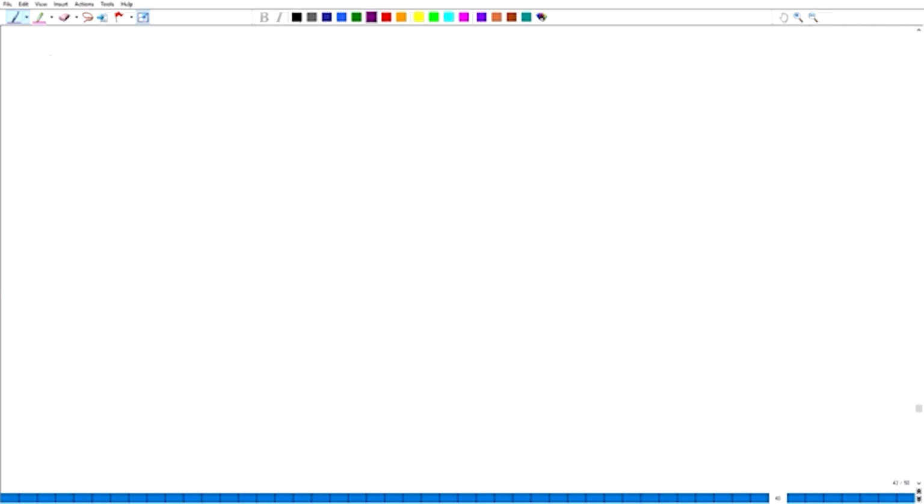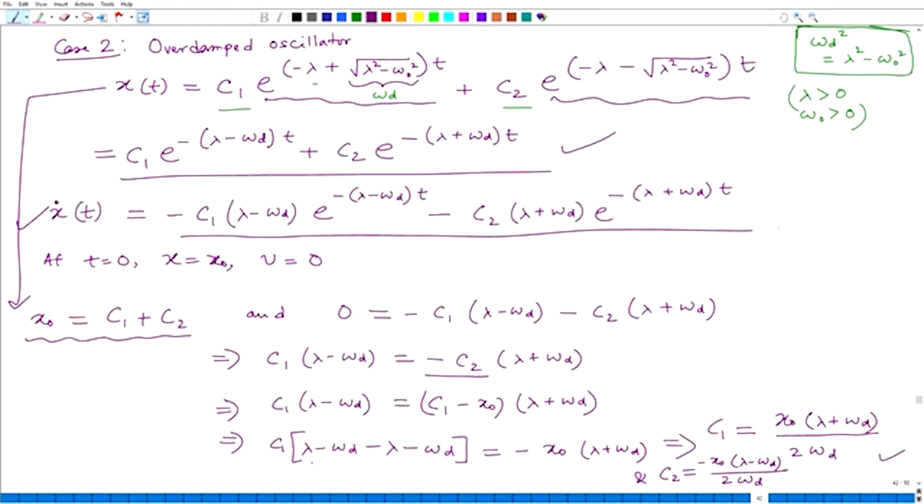So then your x will be simply x0 by 2 omega d times (lambda plus omega d) e to the minus (lambda minus omega d) t. Here you see that I have already put the value of the constant C1.